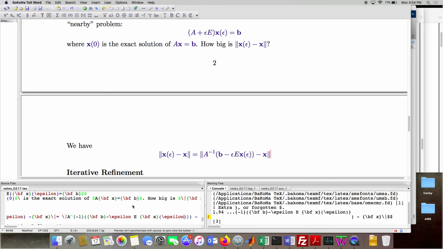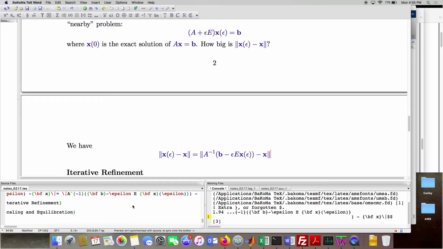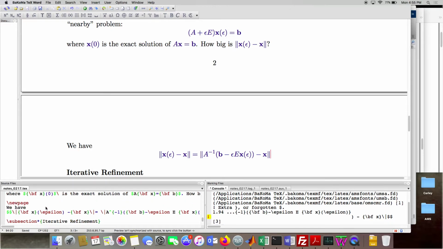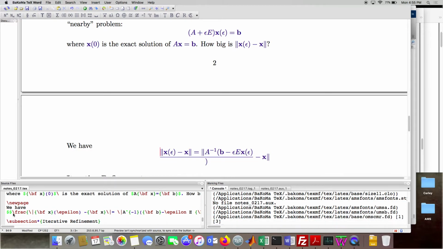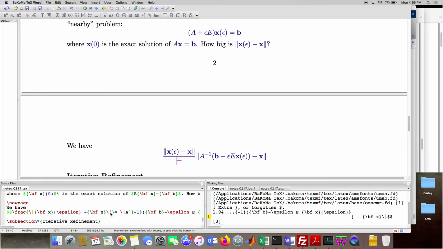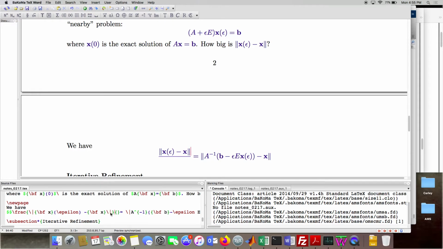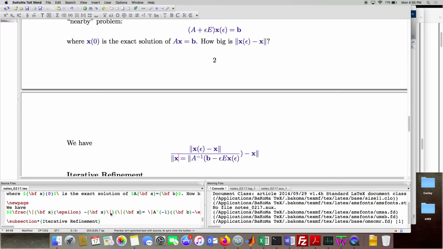And then I'm interested in relative error, so I'm going to divide both sides by norm of x.